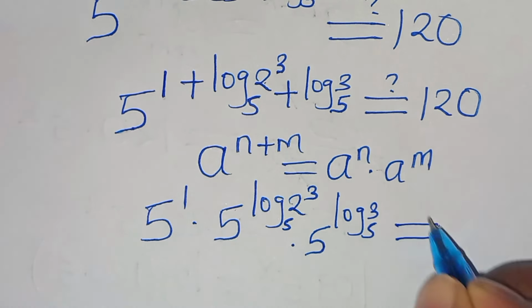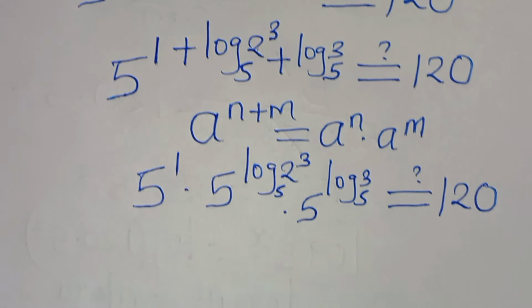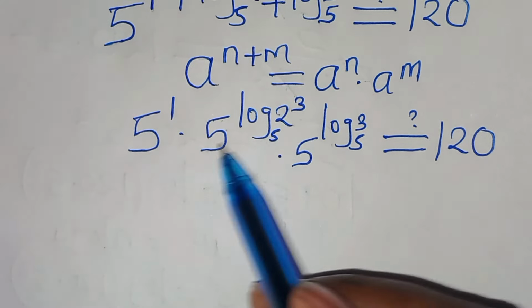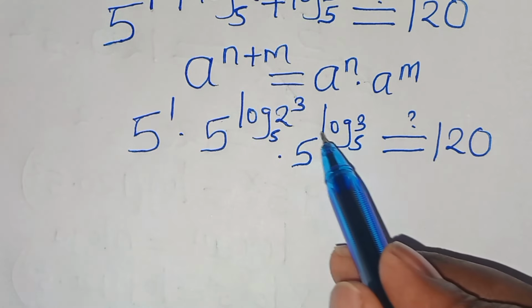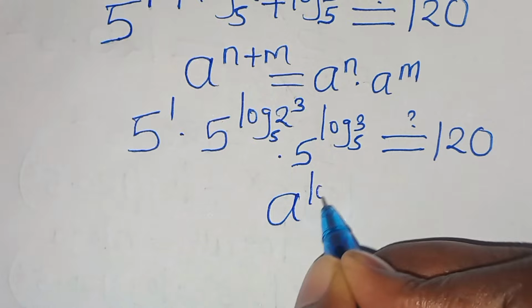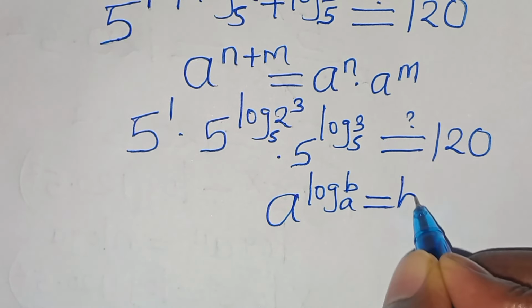This is supposed to give us a value of 120. Now, 5 to the power of log 2 to the power of 3 to base 5 and 5 to the power of log 3 to base 5 is in the form of a to the power of log b to base a, and this is supposed to give us a value of b.